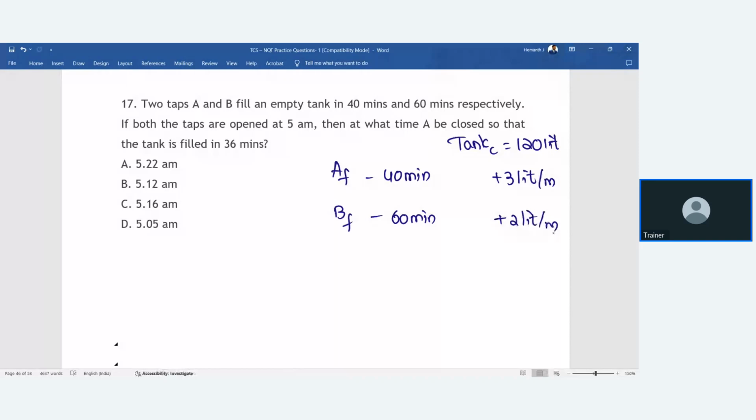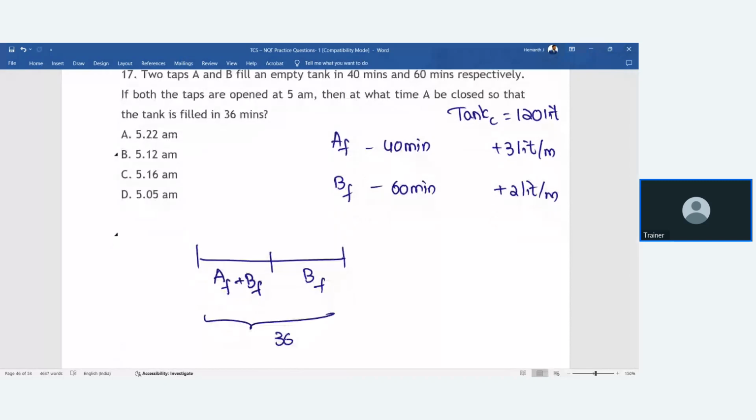So both are opened. After some time, pipe A is closed, then only B is there. Now a very simple logic: the entire 36 minutes B is available. What B will do in 36 minutes is 72 liters filled. Now definitely A should fill the remaining gap of 48 liters.